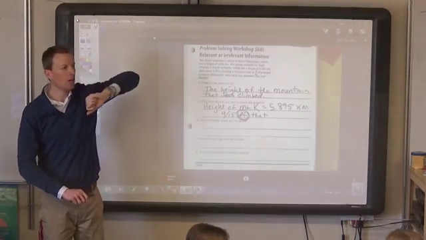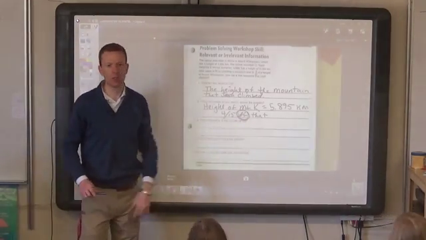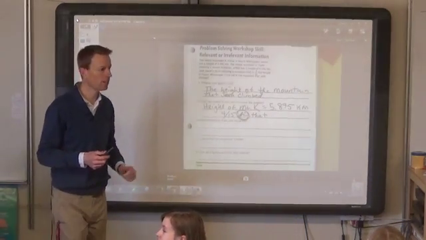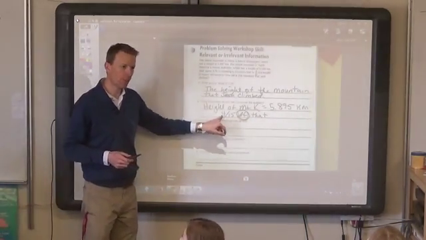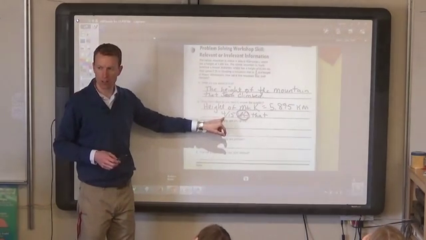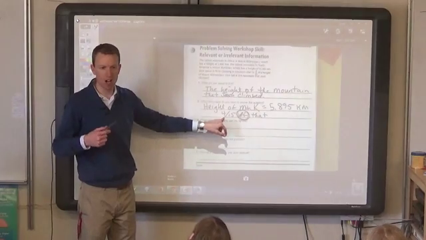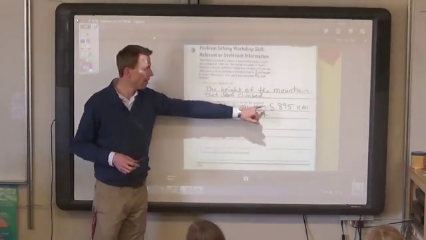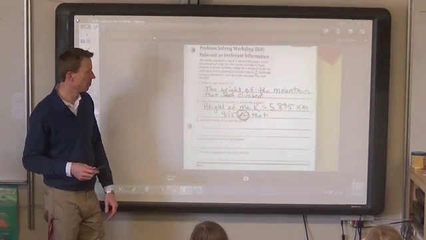So the word "of" in this case tells you either multiply or divide, and when you're doing fractions, it usually means to multiply. 4/15 of that amount, so we need to multiply this to find the answer.